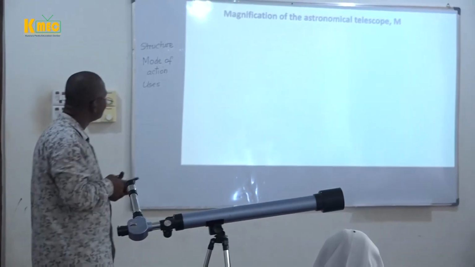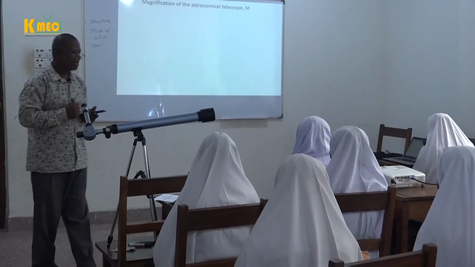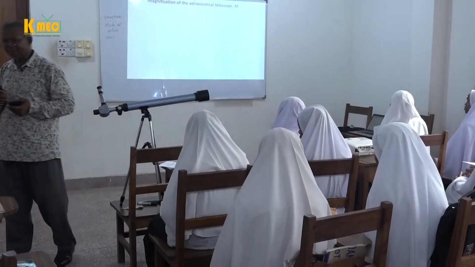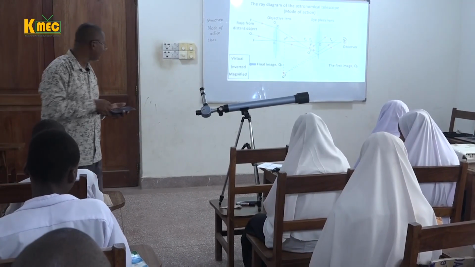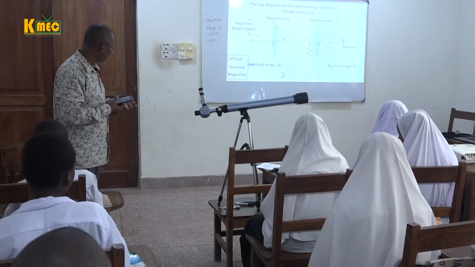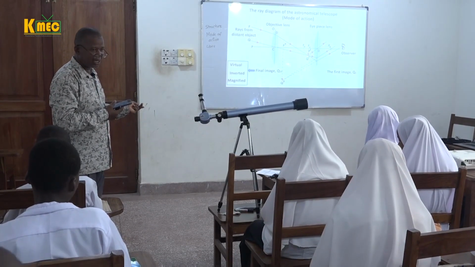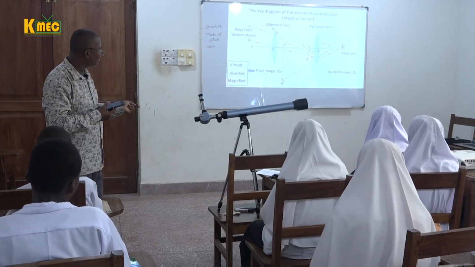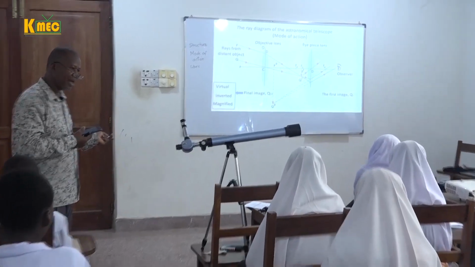Now, we have to move to the magnification. That is a very important term in optical instruments. As we have said earlier, we have the magnified image. That's why we are going to concentrate on the size of the object and the size of the image.